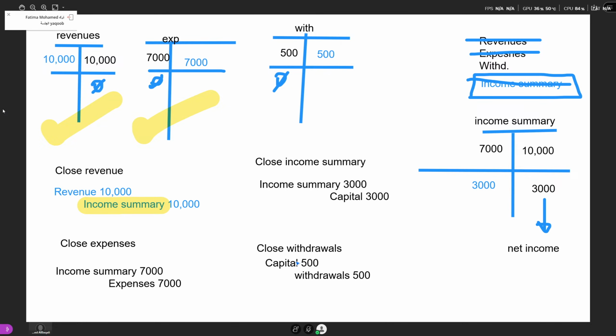And what I'm going to debit, I will debit the capital account. Why do I debit capital? Because we said that the withdrawals decrease our capital, and our capital decreases on the debit side.